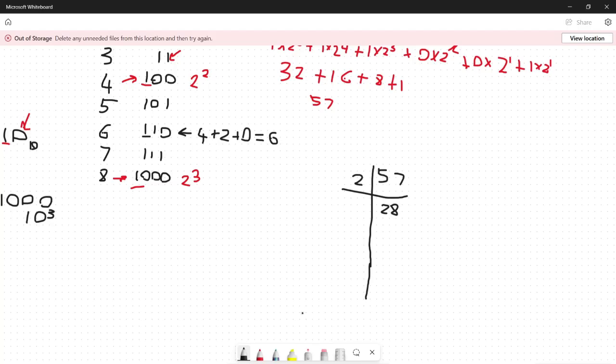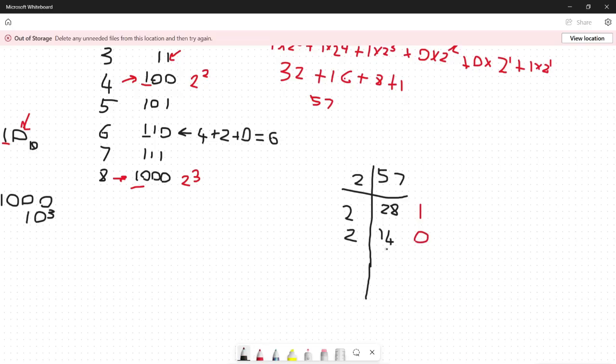But then we get a remainder of 1. And then we divide by 2 again. That gives us 14, which gives us a remainder of 0.